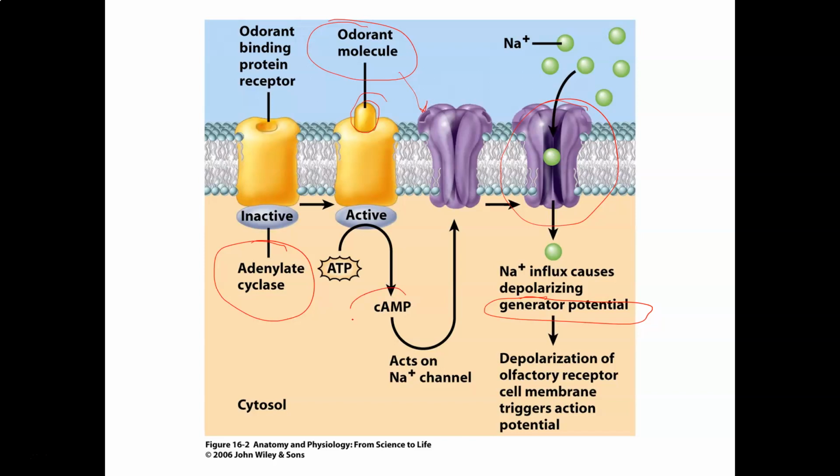And then the cyclic AMP, that chemical inside the cell, acts on the channel to open it. So it's a little bit indirect, but you see the main picture here is that this odorant molecule is leading to the opening of ion gates. That's how it works.